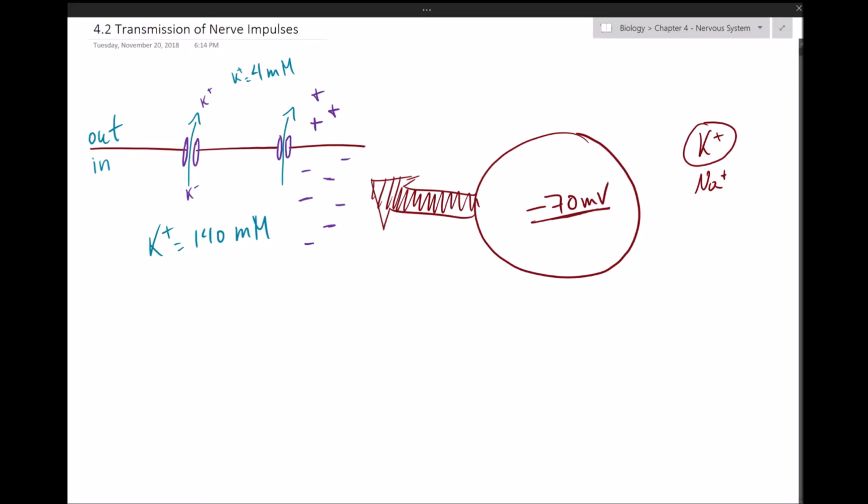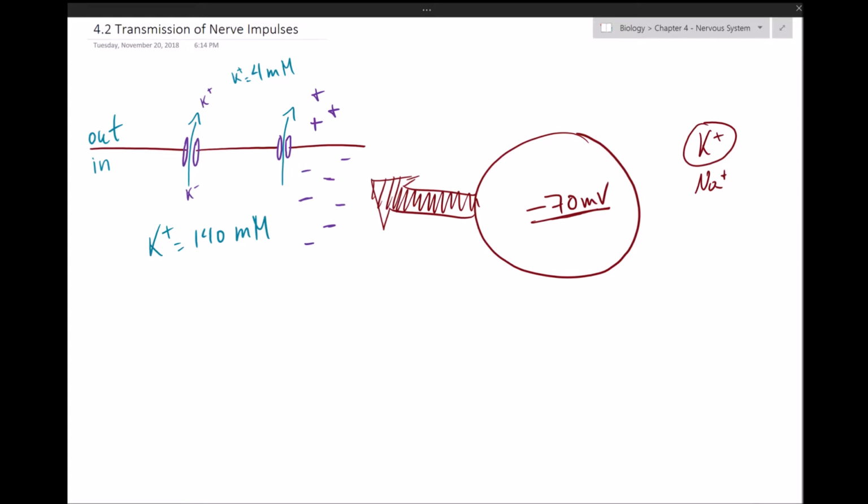At a certain potential, each potassium cation that is pushed outside due to the concentration gradient will be matched by another potassium cation outside of the cell being pulled back in due to the electrical potential. At this point, there's not going to be any net movement of the ion, and the cell is said to be in equilibrium with respect to potassium.